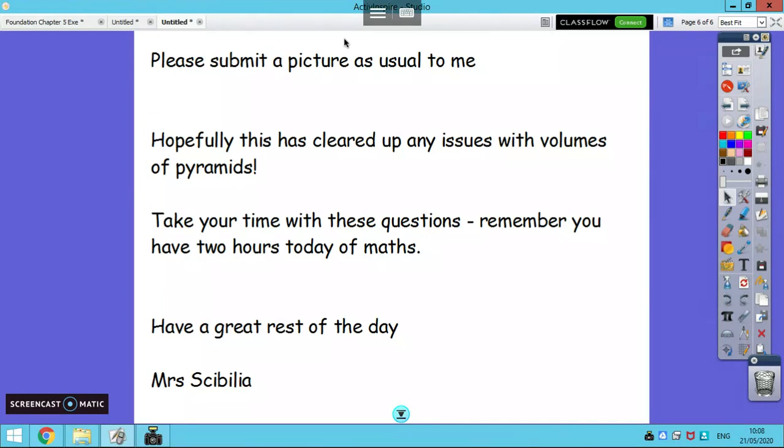I'm not putting answers on this time because, not naming names, but some people are just copying the answers down. And I know you are, because I've asked you and you haven't replied to me, rather sheepishly. And also, you put an answer that was in the back of the book, but the back of the book was wrong.